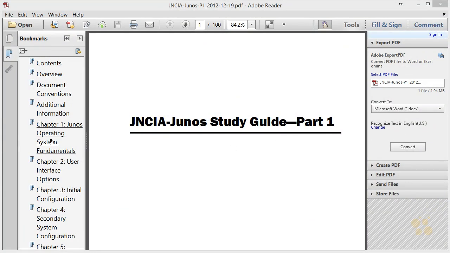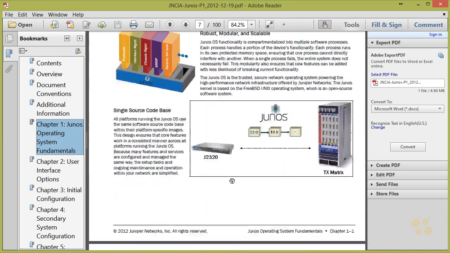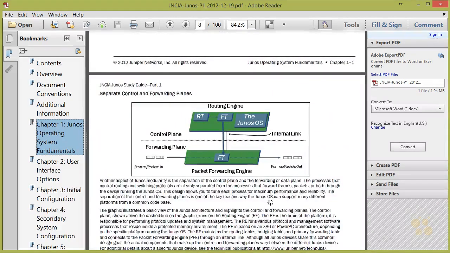If we look at Chapter 1, the Junos operating system fundamentals, you see robust, modular, scalable, single source code base, you see the routing engine, the packet forwarding engine, and details that I have provided for you in this particular nugget. So I've got reading materials for you, should you like them, on most of the information in this course in your Nugget Lab file, so you don't even have to spend any money should you not want to.